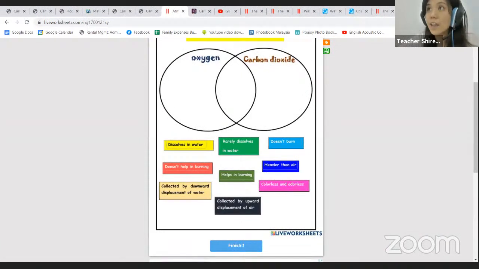Okay, next let's have, okay, Jensen, try to do this. All about oxygen and carbon dioxide. Jensen, you can control. What dissolves in water?